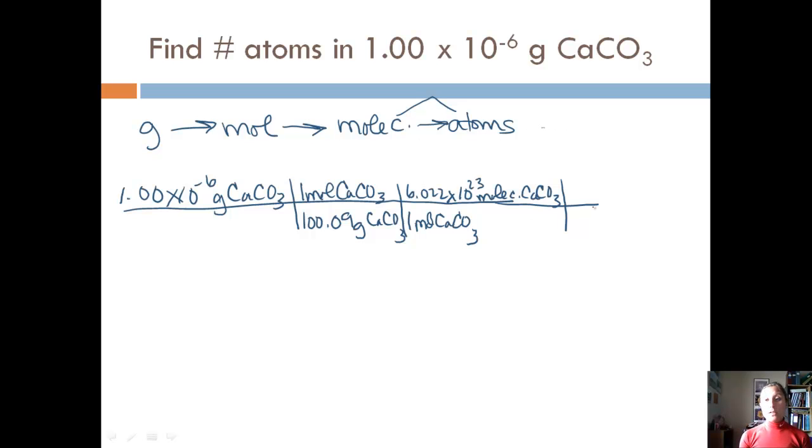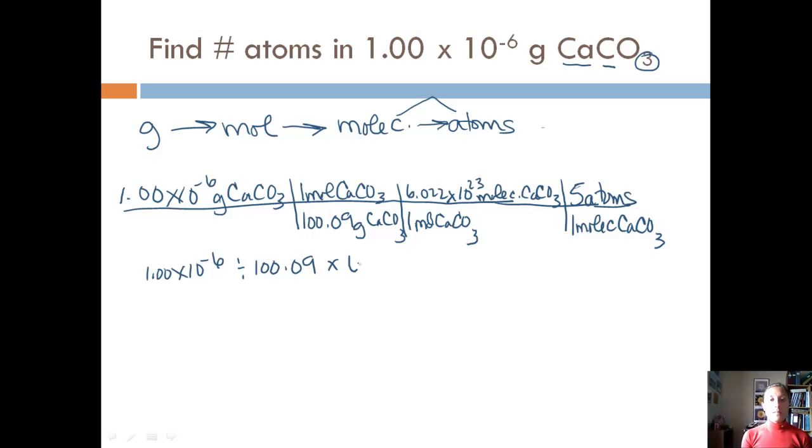So now, if I look at 1 molecule of CaCO3, if I count up the atoms, there's 1 calcium, 1 carbon, and 3 oxygens. And so that gives me 5 atoms. And so now I can calculate by taking 1 times 10 to the negative 6 divided by 100.09 times 6.022 times 10 to the 23rd, and then times 5.